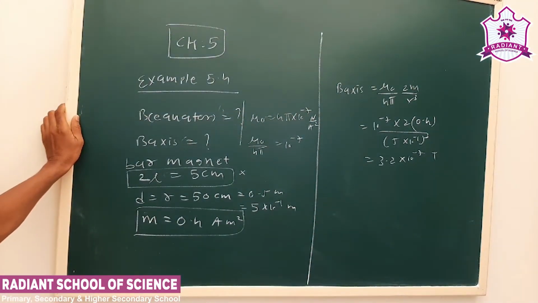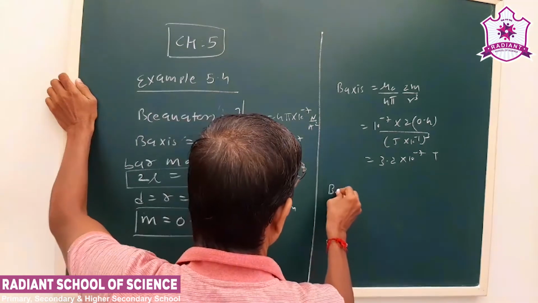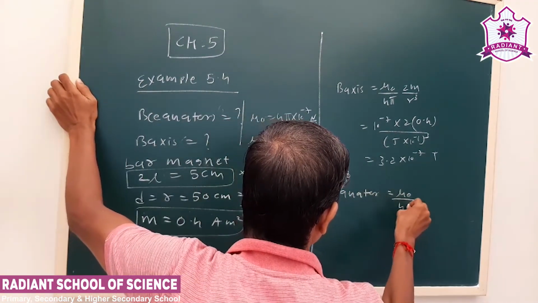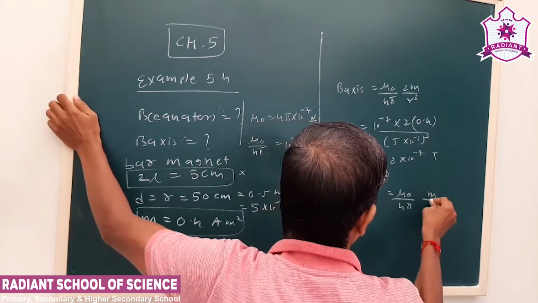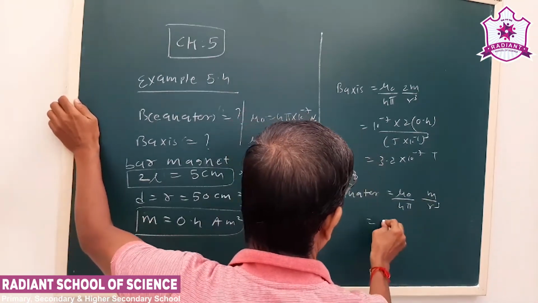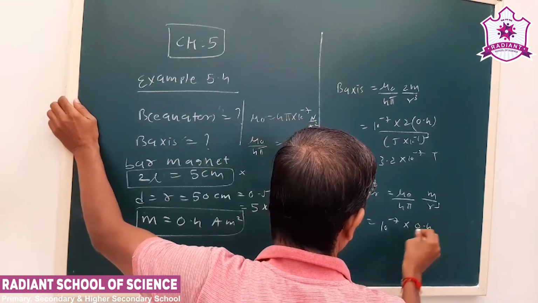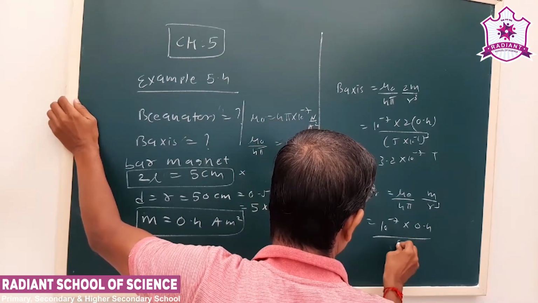Now similarly, on the equator of a bar magnet, it is mu0 upon 4 pi into m upon r cube. So it will be 10 to minus 7 into m, which is 0.4, into 5.